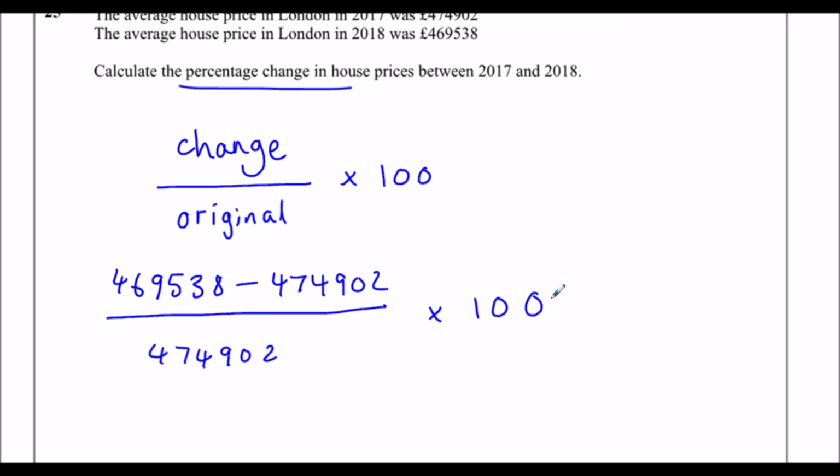And we get out minus 1.1 and so on. I'll do 2 decimal places. I've got 1.129496 and so on. But to 2 decimal places, minus 1.13%.